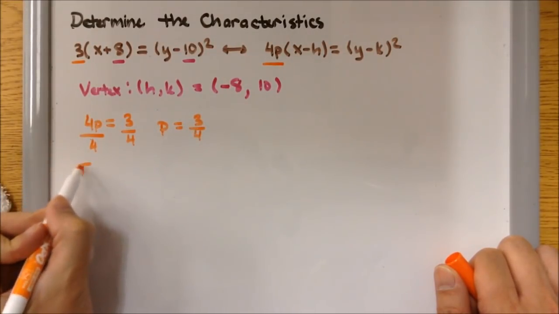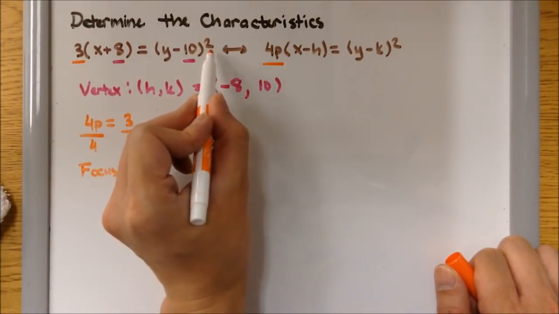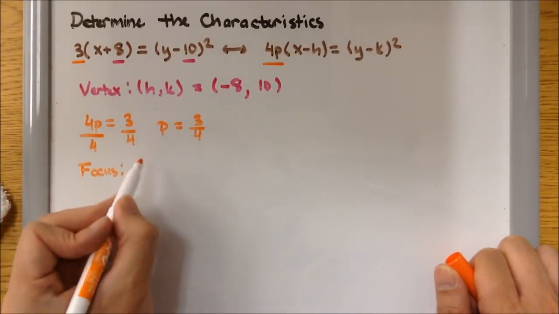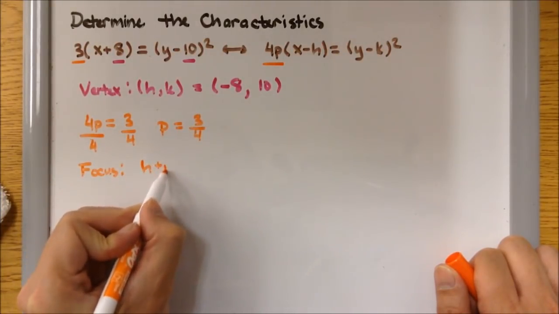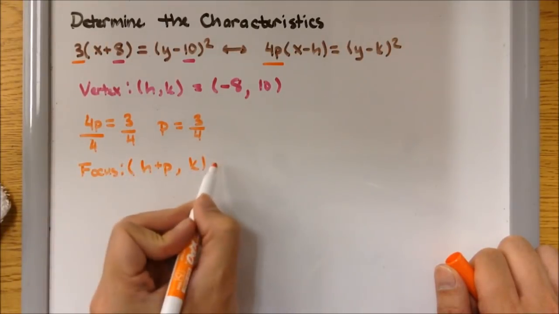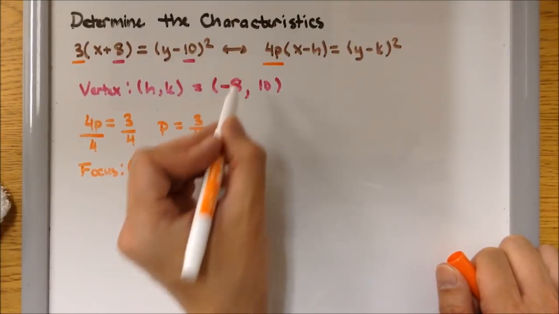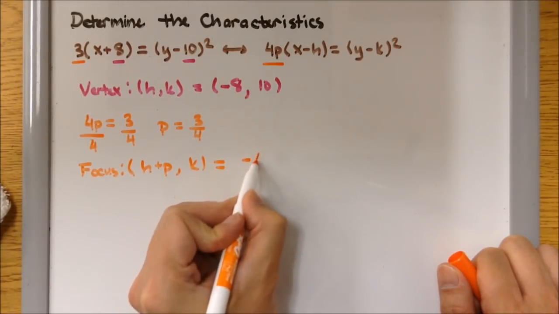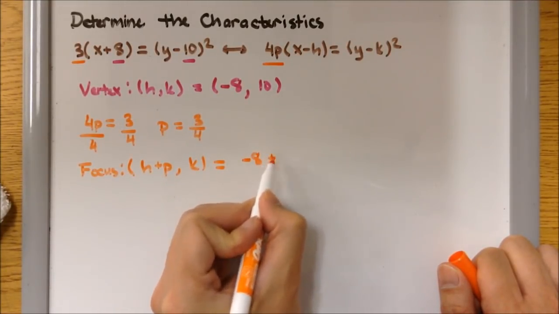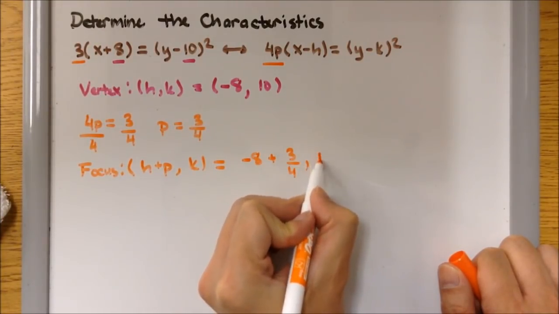Now, the focus for this form, meaning the square on a y, it will be h plus p comma k. So the k will stay the same, but we're going to get a different h value. So our h value is -8. So -8 plus 3/4 comma k, which is 10.